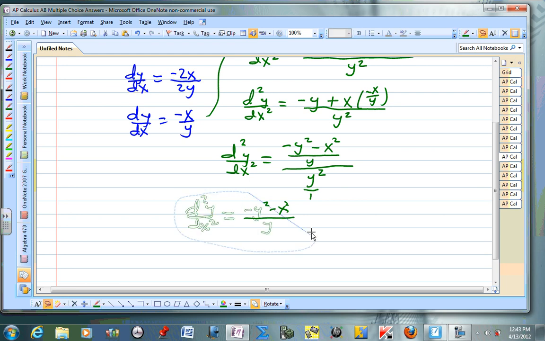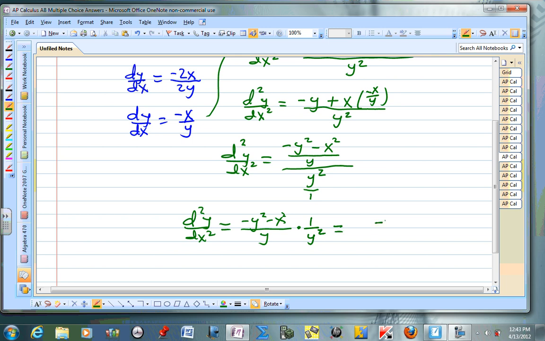It's getting cramped, so we're just going to give ourselves a little more room. There we go. And now we're going to multiply by the reciprocal of y squared over 1, which is 1 over y squared. And we all see that this is going to make the opposite of y squared minus x squared all over y cubed. And this doesn't match any of the options.